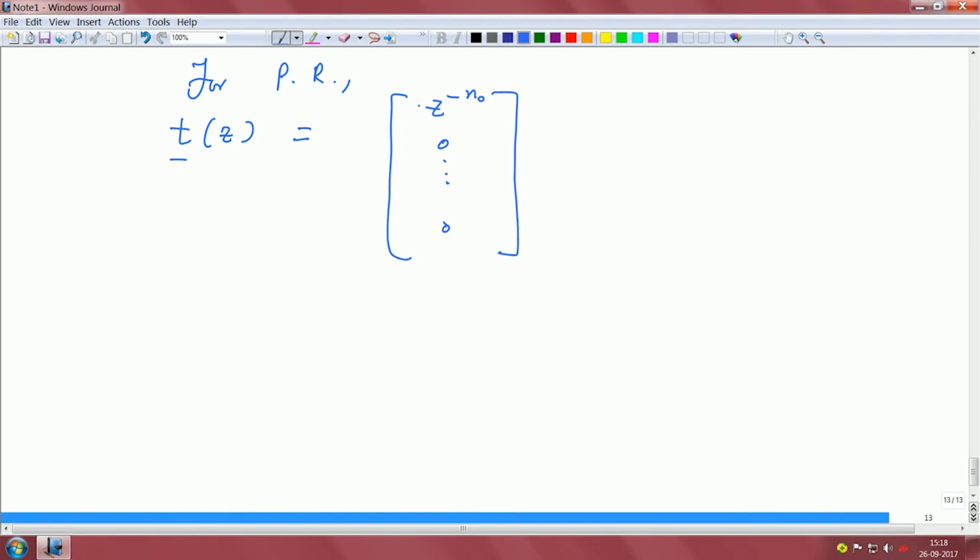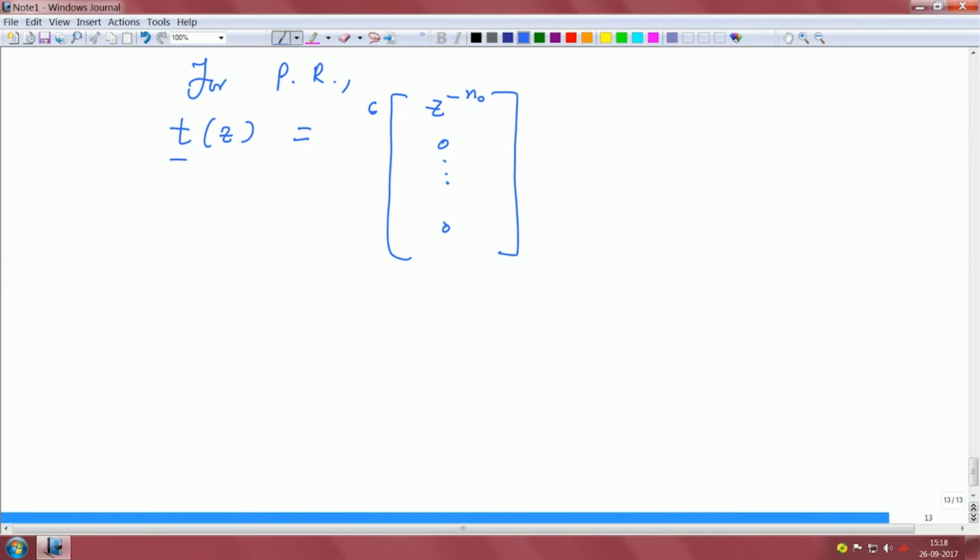If you want, you can put a scalar here, it's okay if you want to bring in some scalar c, but we want it to basically be a delay with some gain and the rest of the components are all zeros.